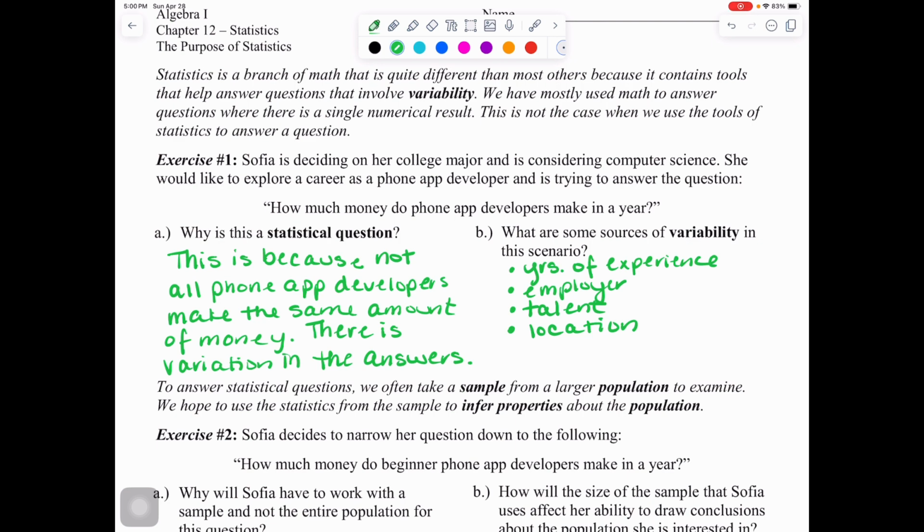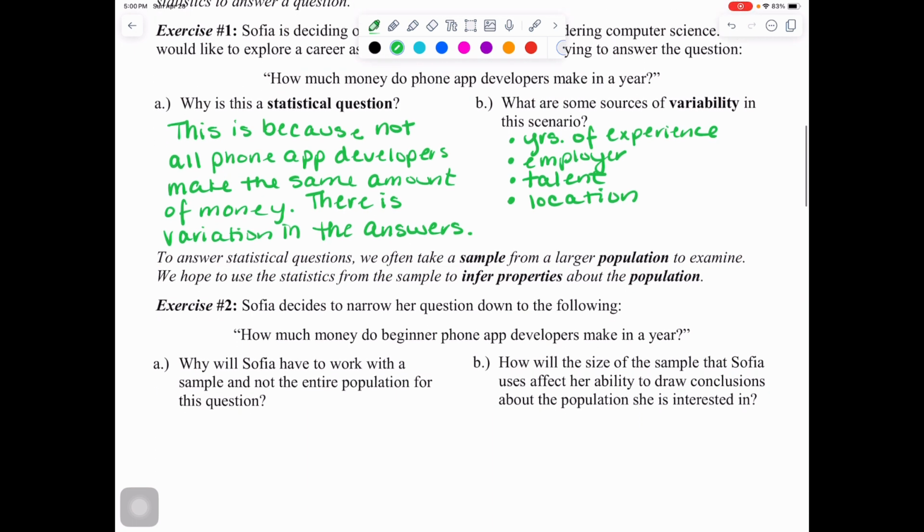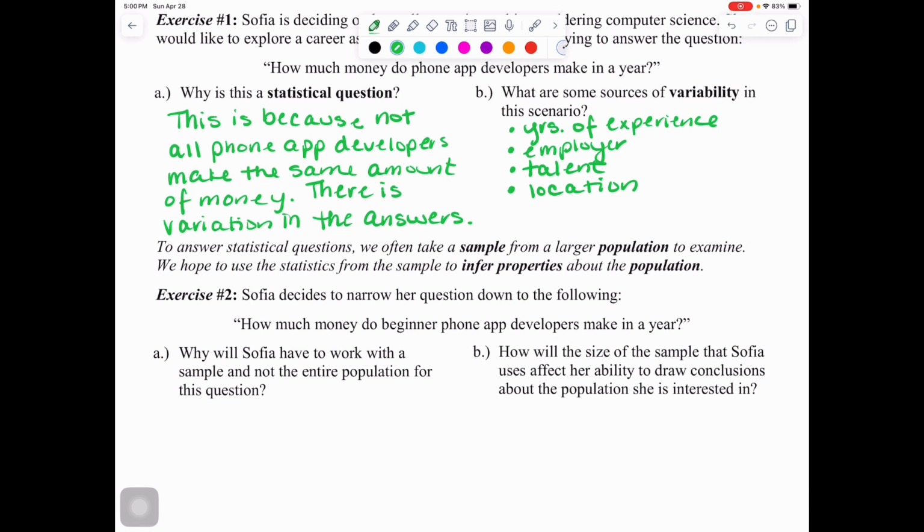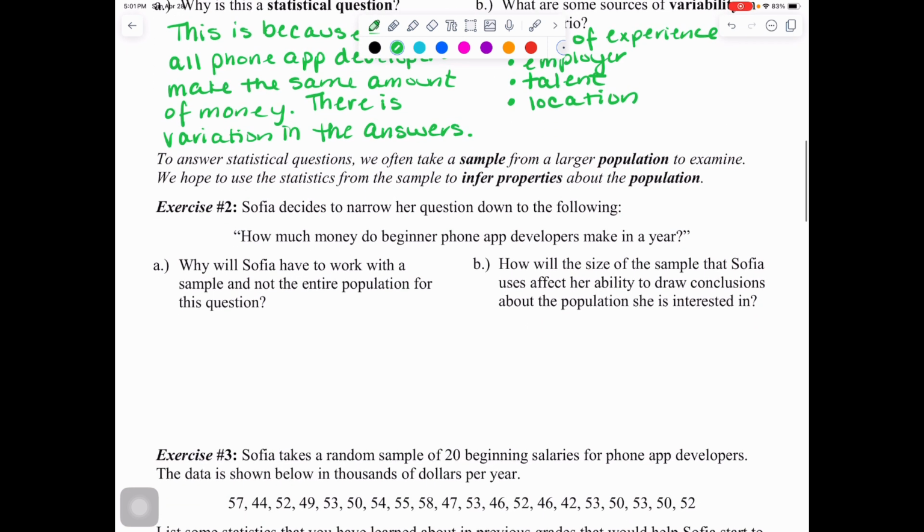So moving on, to answer statistical questions, we often take a sample from a larger population to examine. We hope to use the statistics from just the sample to infer properties about the population as a whole. So looking at exercise 2, Sophia decides to narrow her question down to the following.